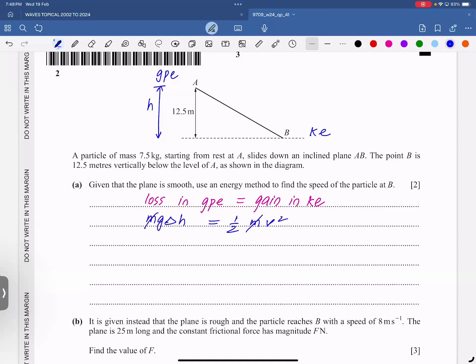M could be simplified. So g, which you take 10, times 12.5, equals half v square. 125 divided by 0.5, v square, you take square root, v will be 15.8 meters per second.